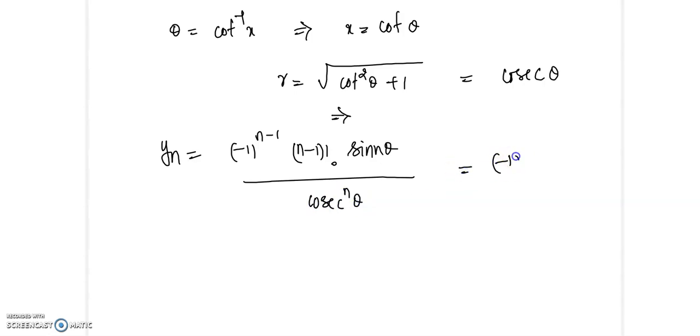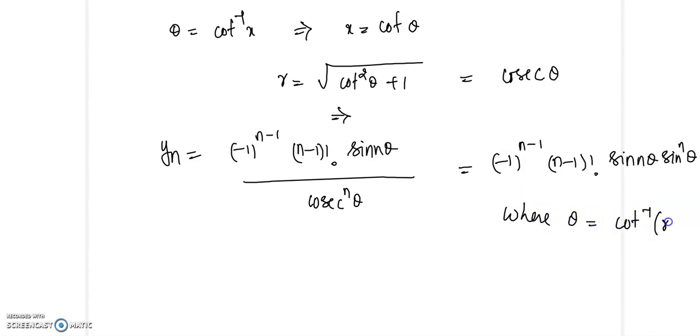So that will be minus 1 whole raised to n minus 1, (n minus 1) factorial sin n theta into sin raised to n theta. So the final answer can be simplified in this form, where theta is equal to cot inverse of x.